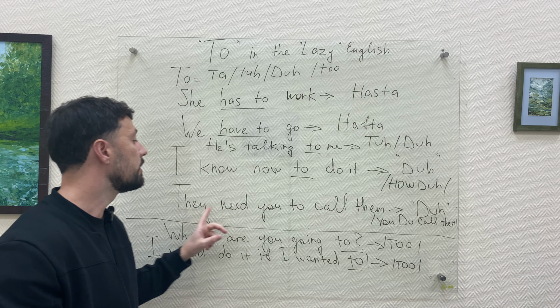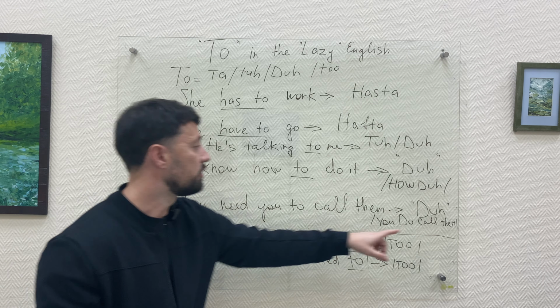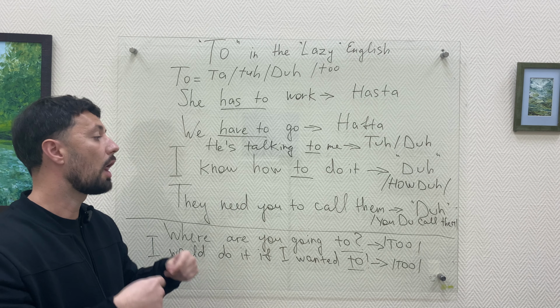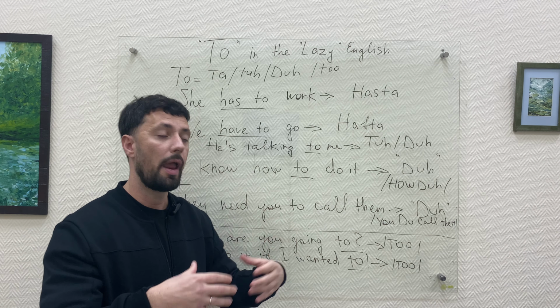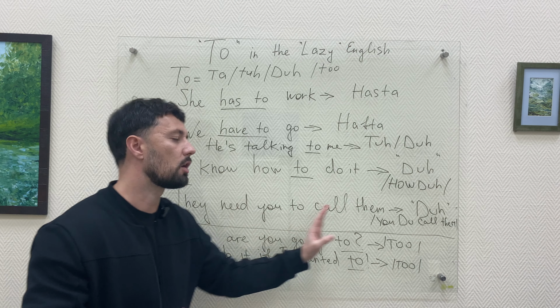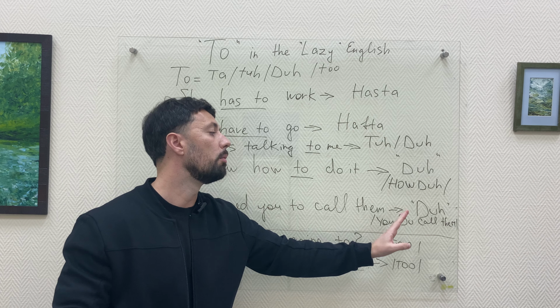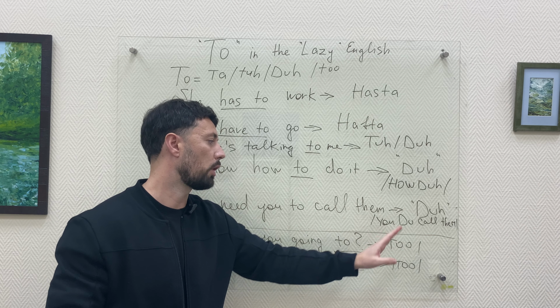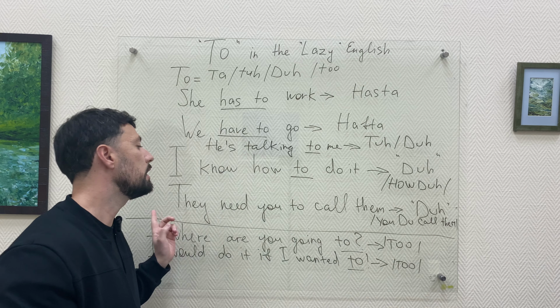They need you to call them. More natural. But if you put "the" here, it allows you to connect everything together more naturally and more softly. So it's going to sound like: they need you to call them. Listen to it again. They need you to call them. You to call them.